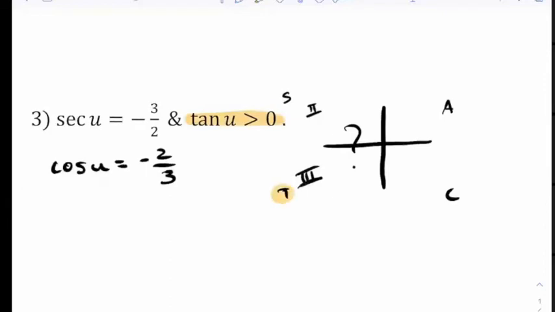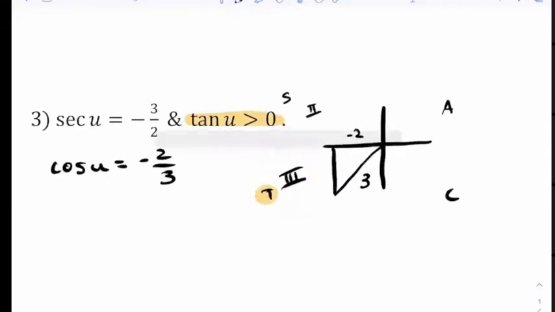So we can draw our triangle there. Okay, so looking at this here, we're going to say that our adjacent side is equal to -2. Our hypotenuse is 3. And using the Pythagorean Theorem, which we can just kind of briefly do right here, we could say -2 squared plus y squared is equal to 3 squared.